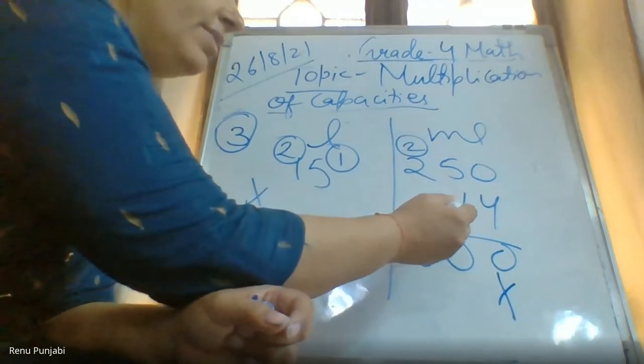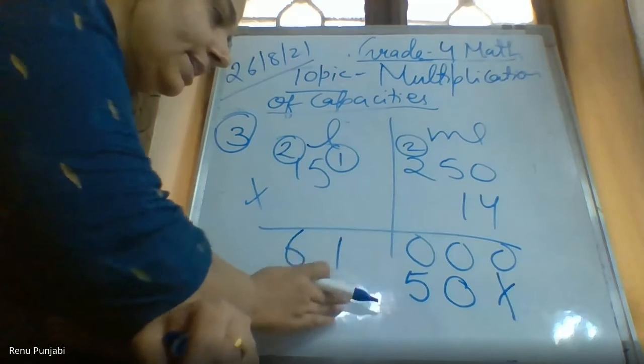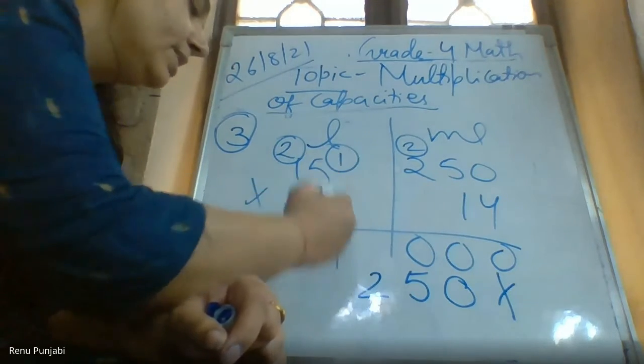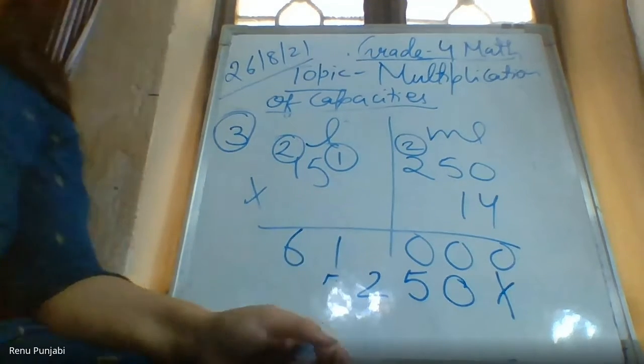Then after that on the second line we will put a cross, because still we need to multiply with the 1 now. 1 times zero is 0 and 5 ones are 5. 2 ones are 2. 5 ones are 5 and 1 ones are 1. So I will solve it in this way only.